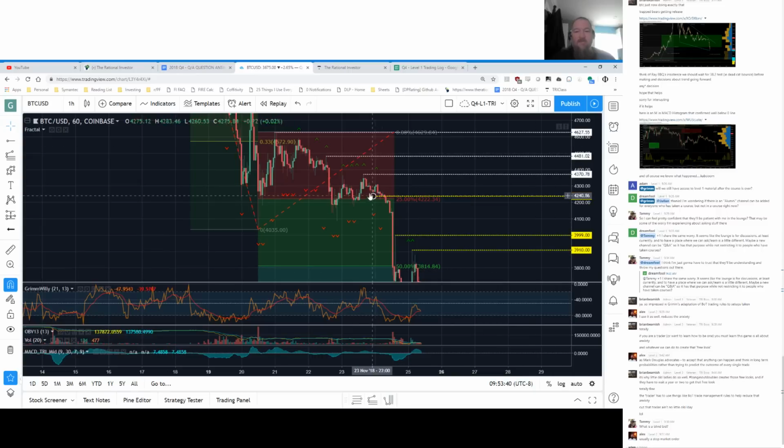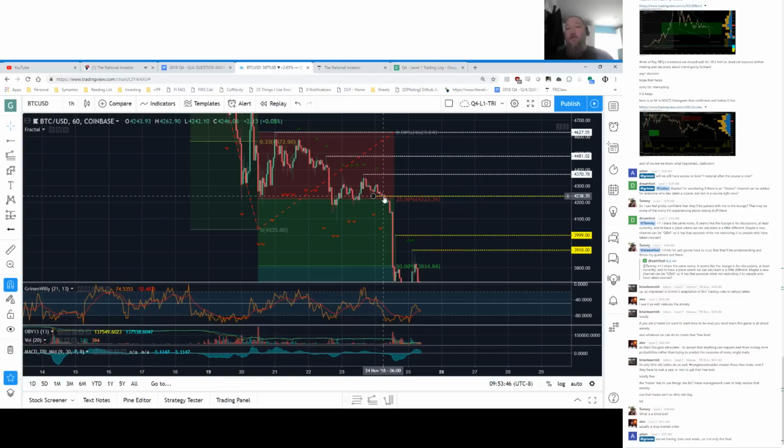If I place a blind bid, anytime price moves to this level, it's going to fill the order, which means it has some inherent extra risk because price could come down, hit that order, and then rebound up, and it didn't actually close below that level, so I didn't actually get the market structure I wanted, right? So it carries some extra risk.